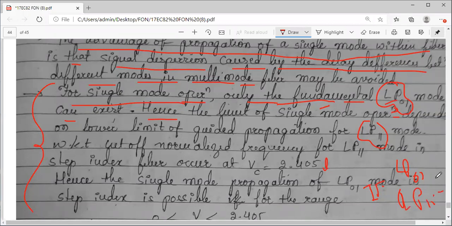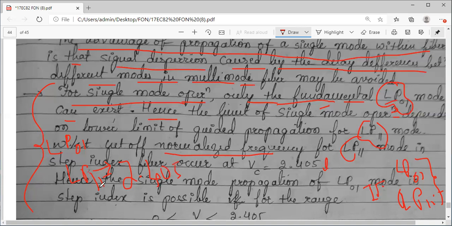Between LP01 and LP11, the value of the V number, that is the normalized frequency, for LP11 (I'm not talking about LP01, the fundamental mode, I'm talking about LP11) is equal to 2.405, approximately 2.4.